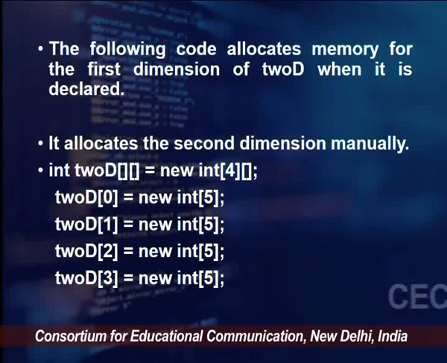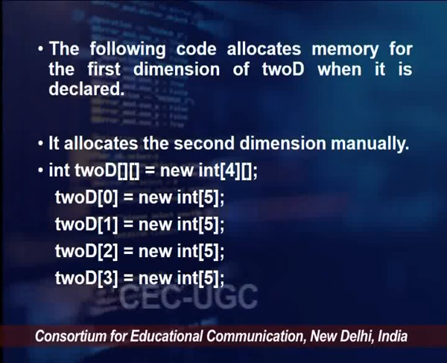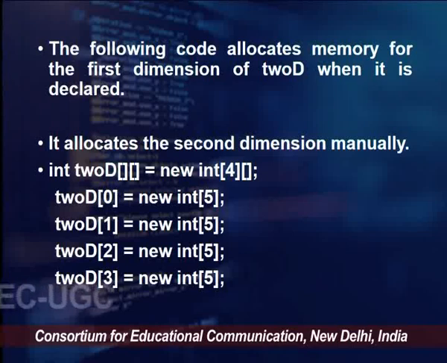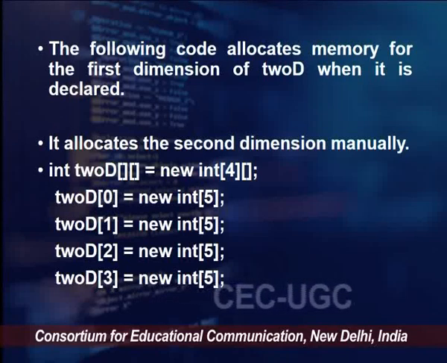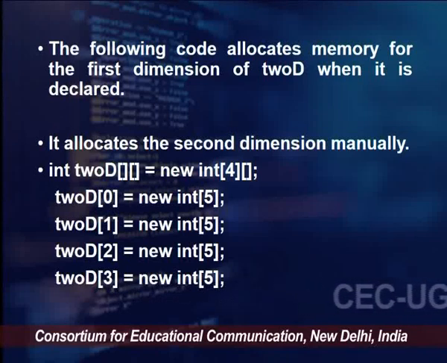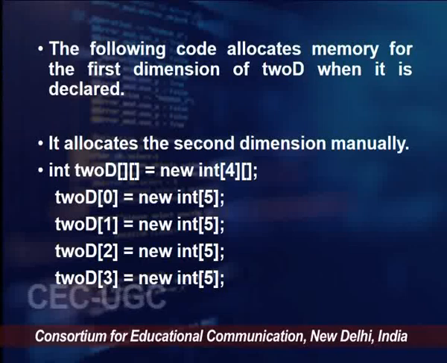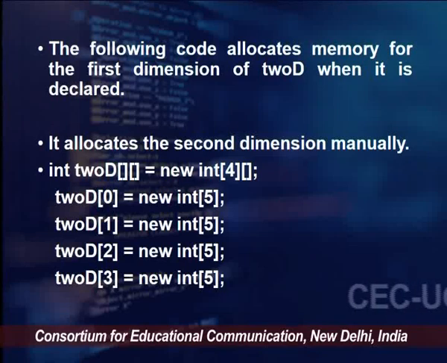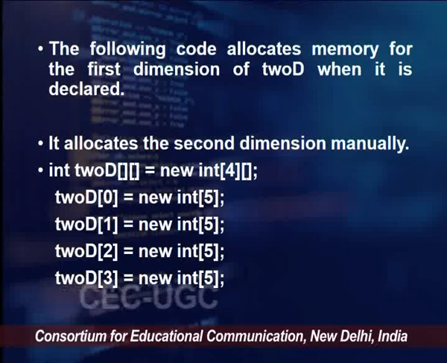The alternate way of that declaration goes like this: int 2D followed by two sets of brackets equals new int 4 followed by a blank square bracket. What does it mean? This essentially means that the first dimension of the array is being created, or declared, and further the second dimensions are created manually.